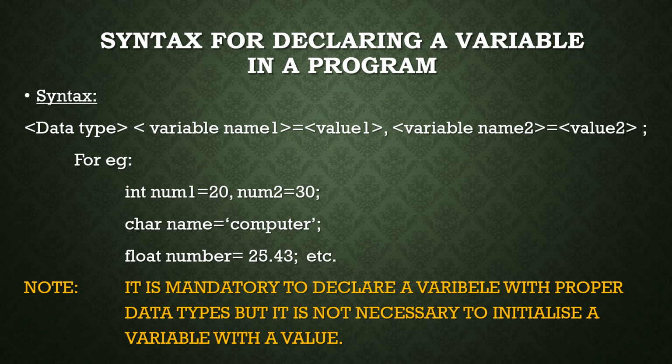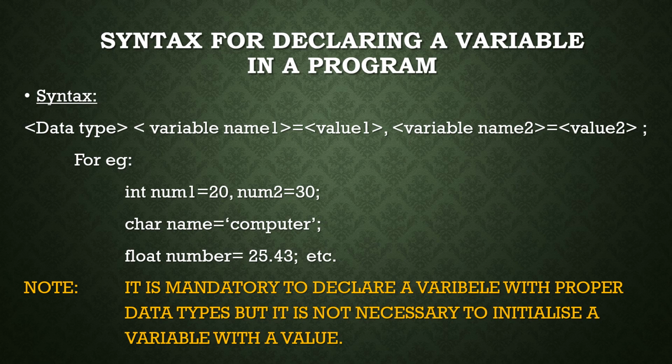Declaration of variables must be done before they are used in the program. Declaration does some things. Number one, it tells the compiler what the variable name is. Number two, it specifies what type of data the variable will hold.